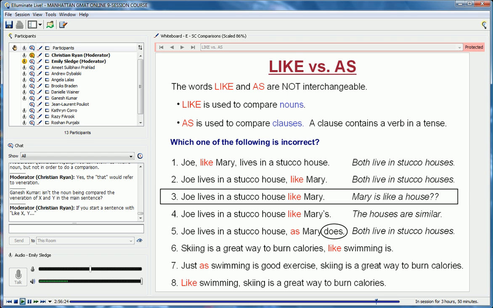So here's a question for you guys. Between 6, 7, 8, which one of those is incorrect? Type it in.